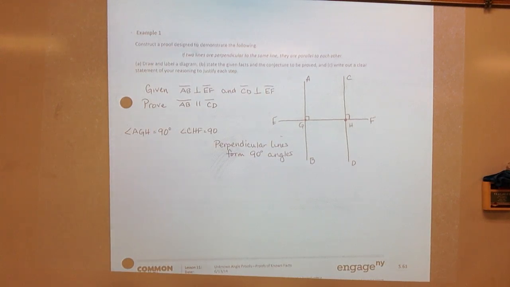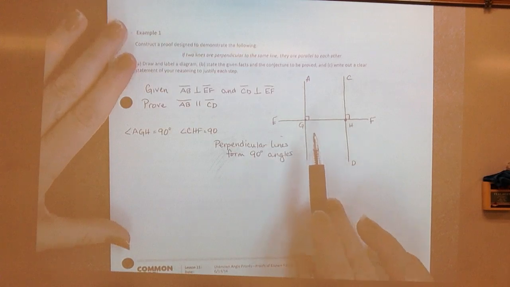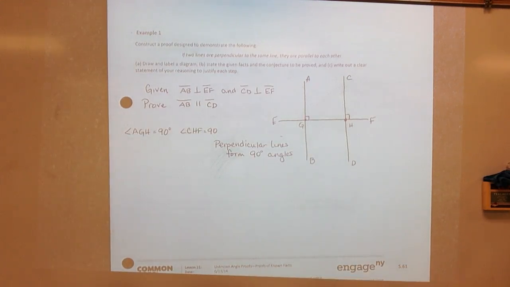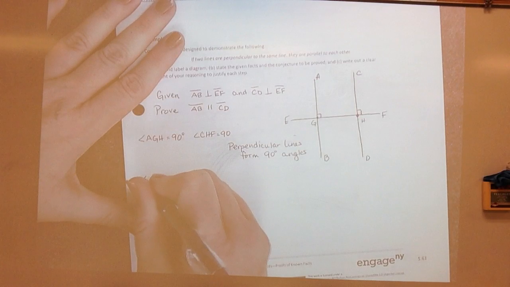Alright? So now, look at this. The angle AGH is going to be equal to the angle CHF. Why? Well, since they're both 90 degrees, I can say that they are equal.